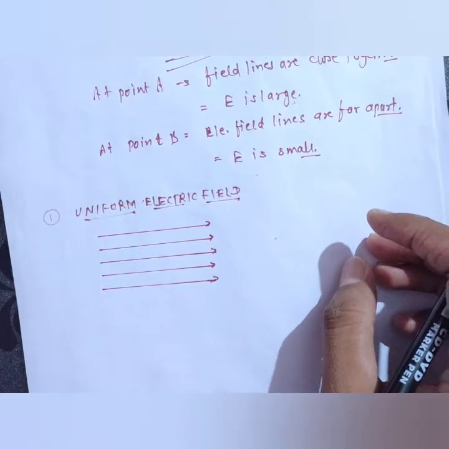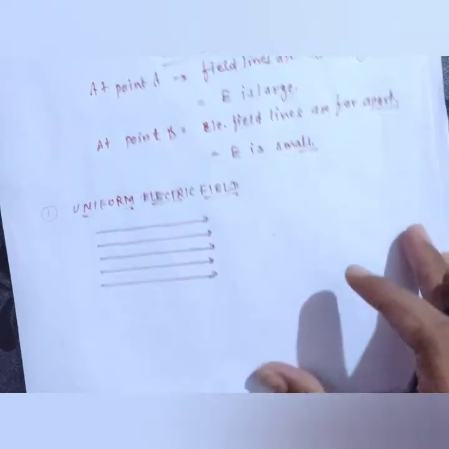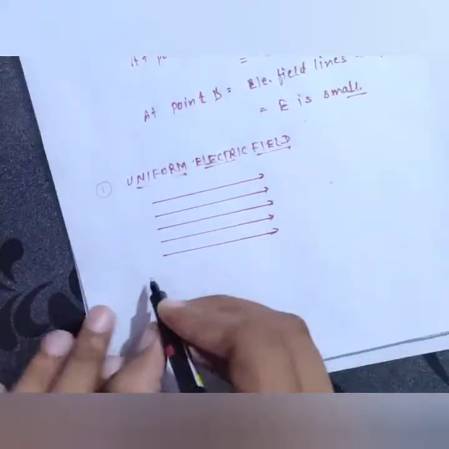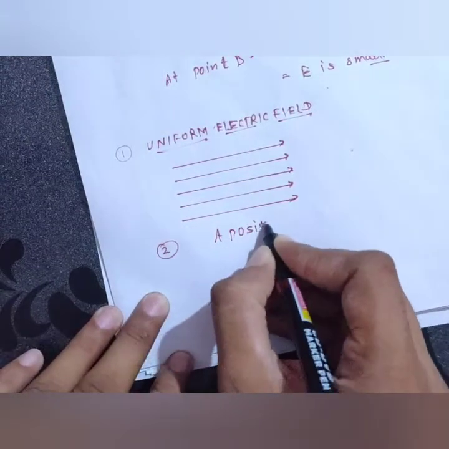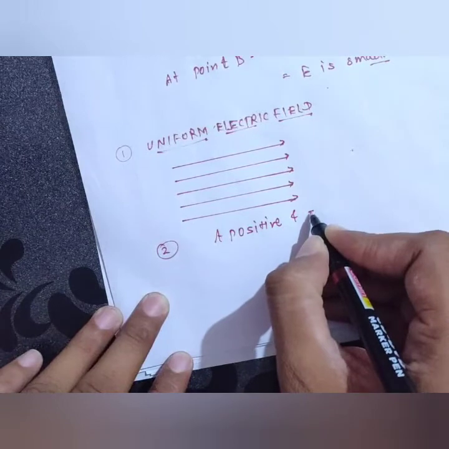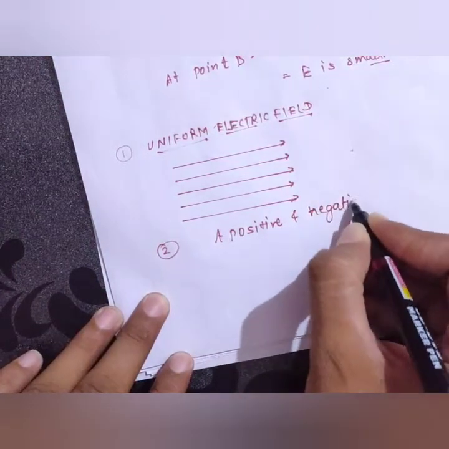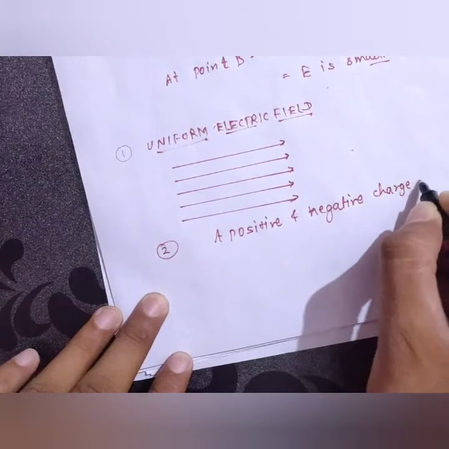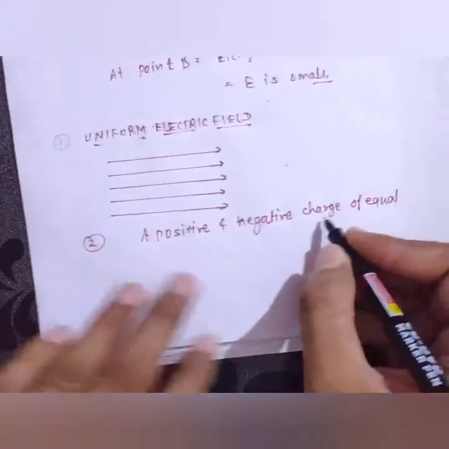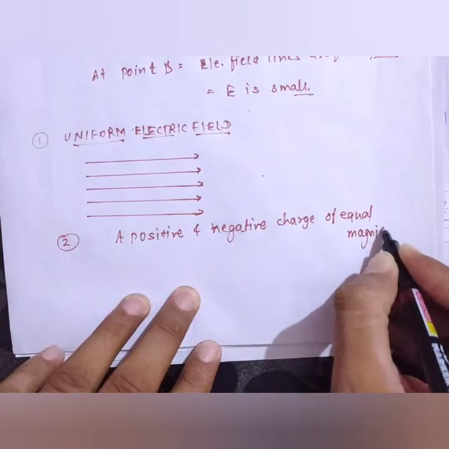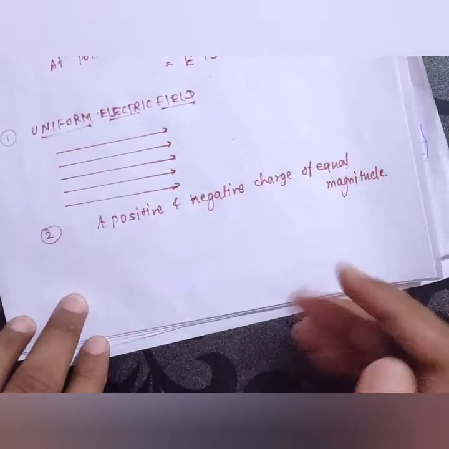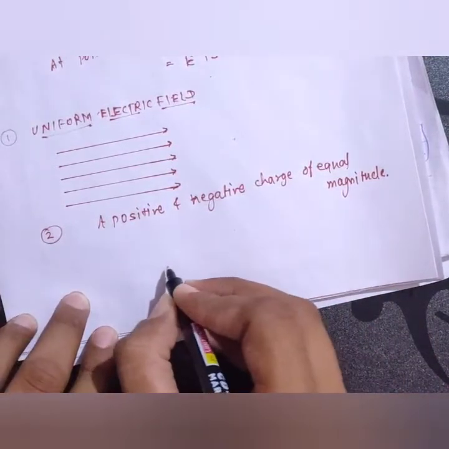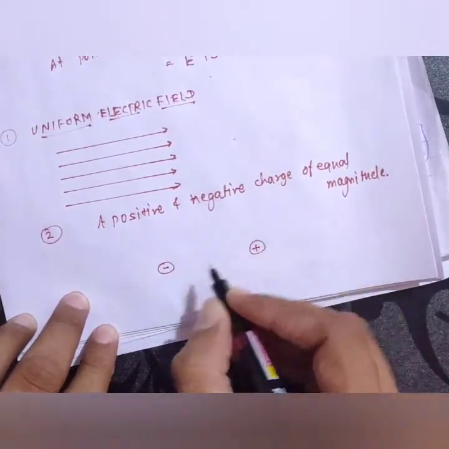I also explained for positive and negative charge that electric field lines start from positive charge and end at negative charge. For a positive and negative charge of equal magnitude, the field lines are drawn like that. This is a negative charge, this is a positive charge.